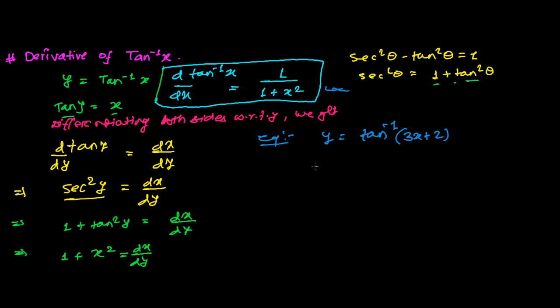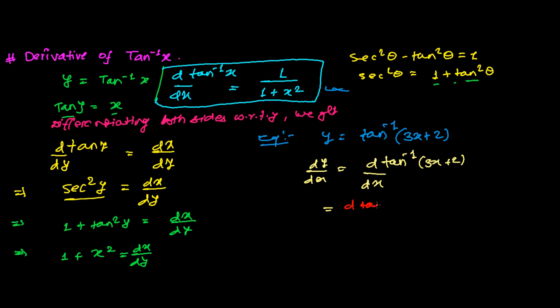So dy over dx is the derivative of tan inverse of 3x plus 2 divided by dx. We cannot differentiate tan inverse of 3x plus 2 with respect to x directly. We need to first differentiate any trig ratio with respect to its angle, and here the angle is 3x plus 2.